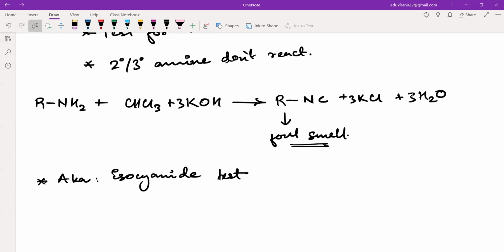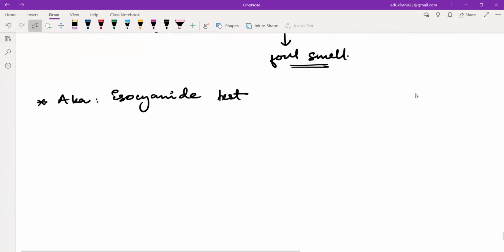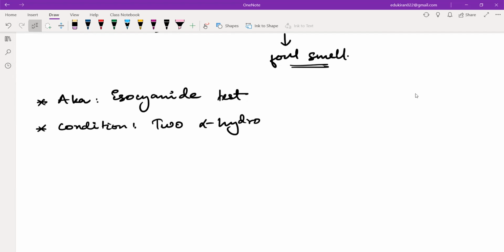Now, in this case, you also have to remember one more condition, that two alpha hydrogens should be present. Two alpha hydrogens should be present.